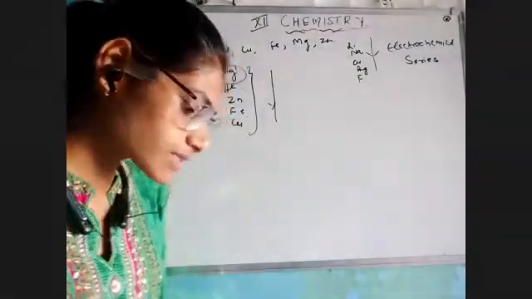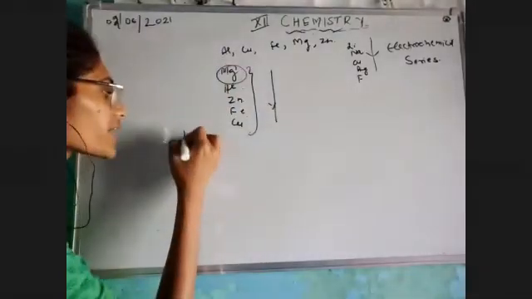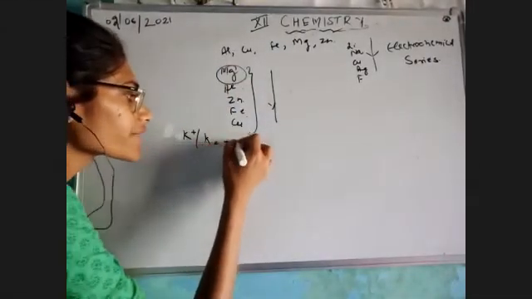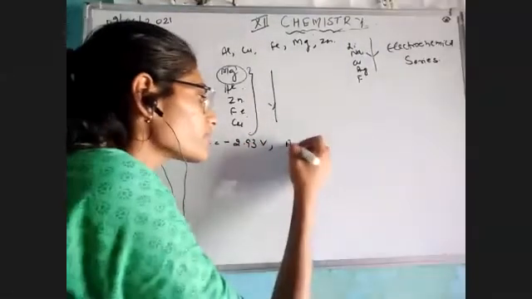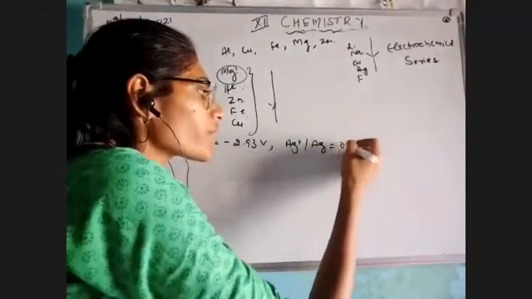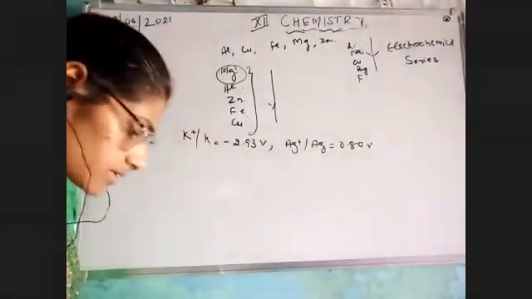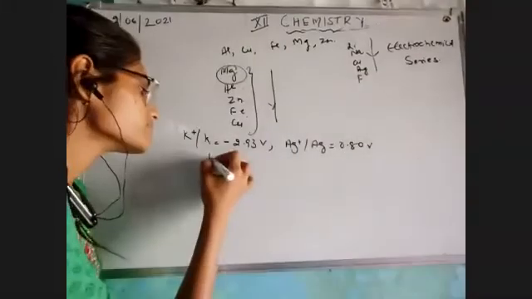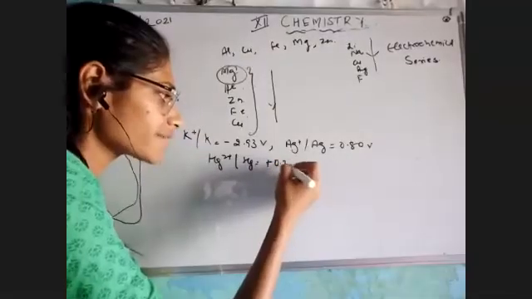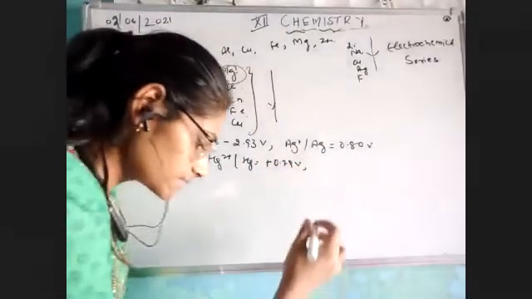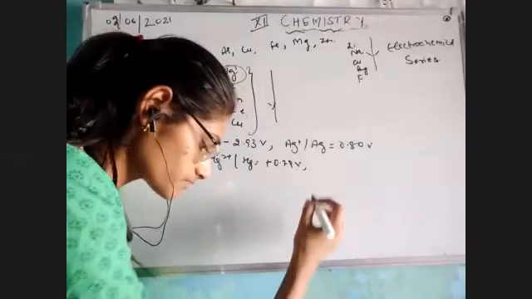The question number 2 is, we have been provided potassium equals minus 2.39 volt and silver positive equals 0.80 volt, and we also have mercury.